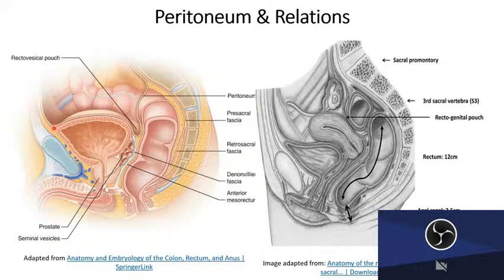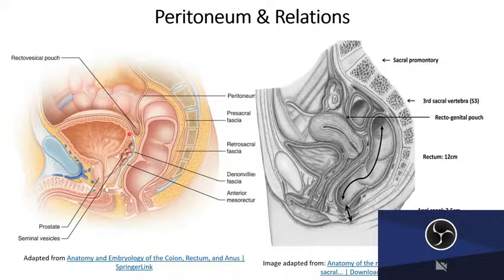A recess, or what is called a pouch, will be produced. This pouch is a dependent pouch, where intraperitoneal fluid will gravitate downward in the standing position. But again, for the sake of this lecture, you see it taking a forward turn.